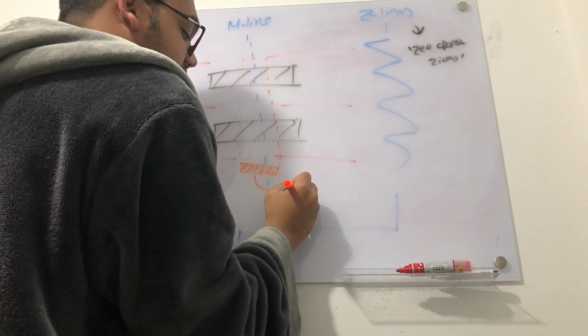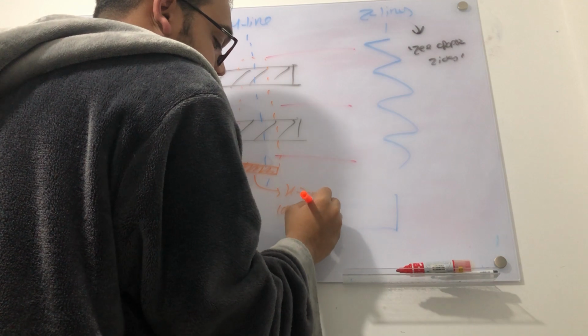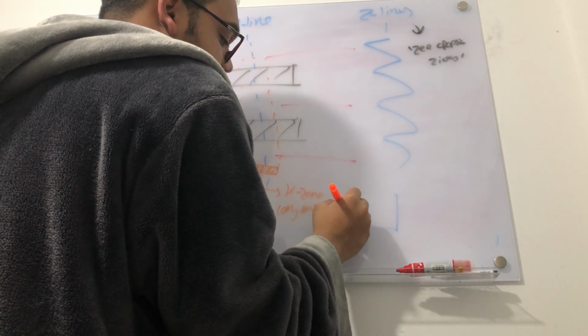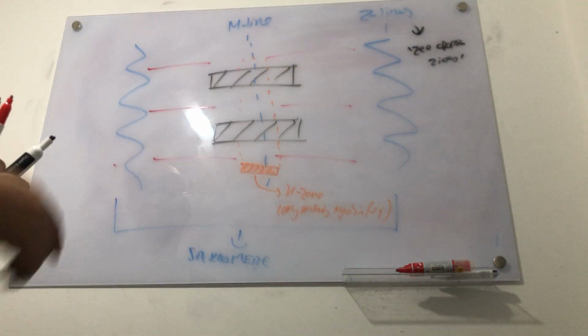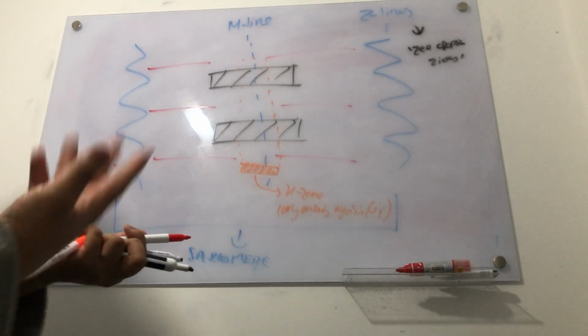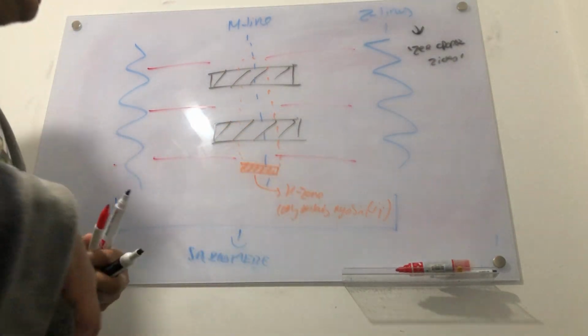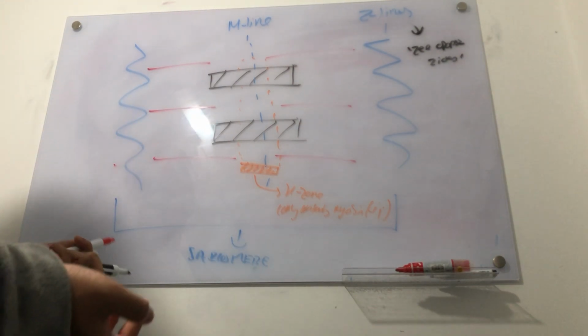This is your H zone. Only contains myosin filaments. I mean, there's not really a way. I just remember that the H zone's in the middle. I use the other terminology to kind of remember it.